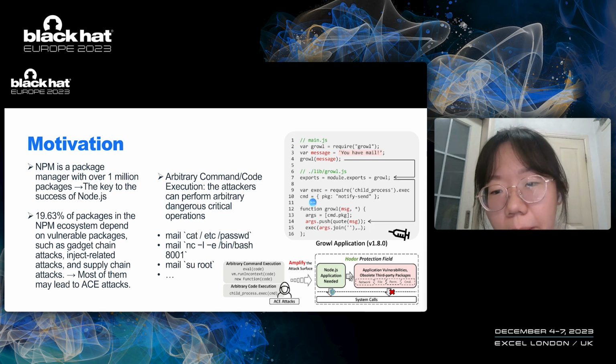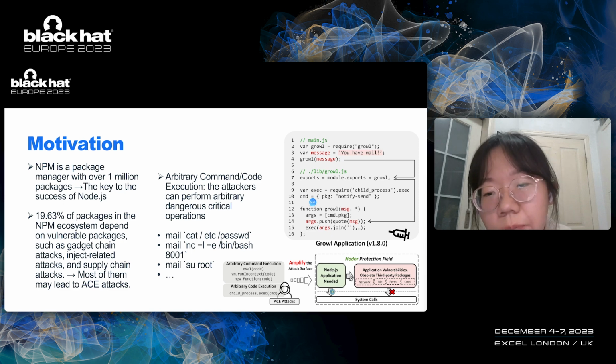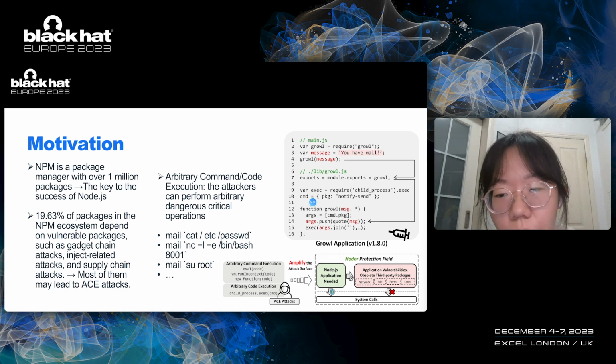Consider the glue package as an example. The attacker can exploit vulnerabilities by injecting arbitrary bash code into the execute method at line 15. It enables the attackers to access sensitive files, establish a socket connection, and even escalate privileges.